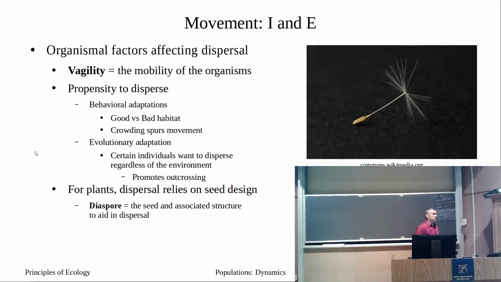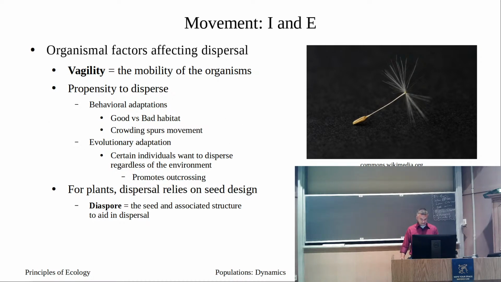Now, what factors will affect dispersal? There's organismal factors and there's also some environmental factors. So of the organismal factors that affect dispersal, one of the major ones is vagility. All right? So vagility is the mobility of the organism. Can the organism move or not?